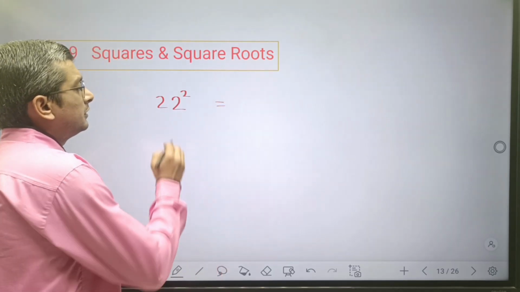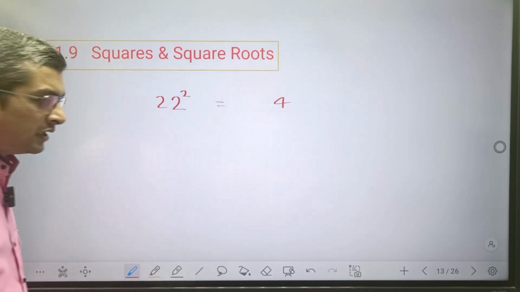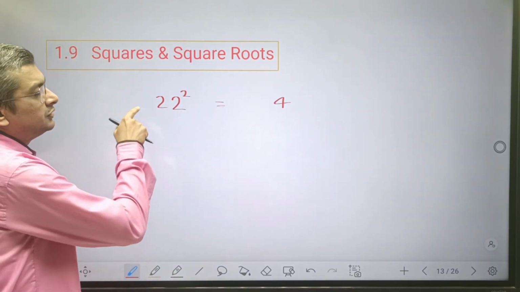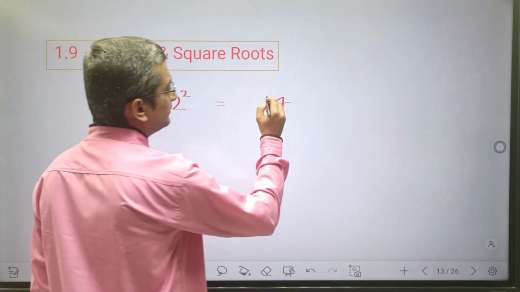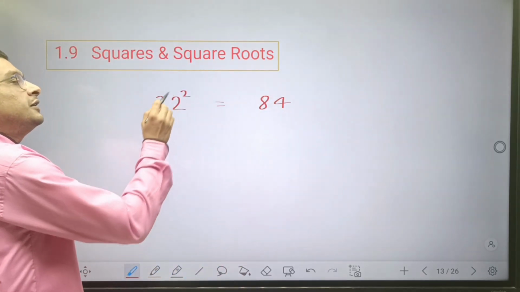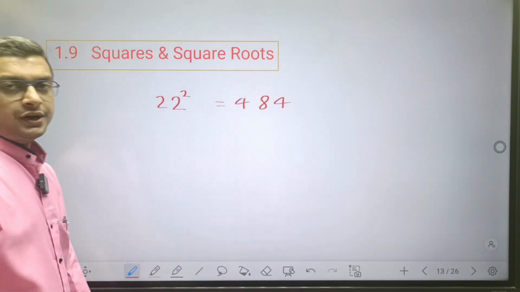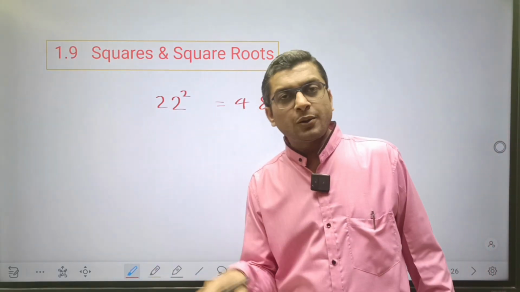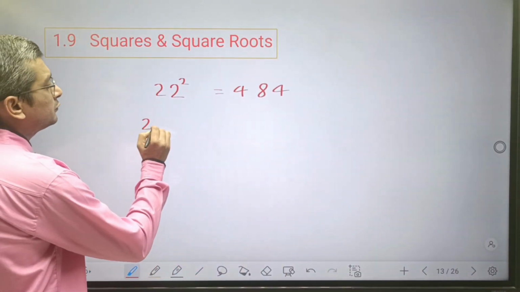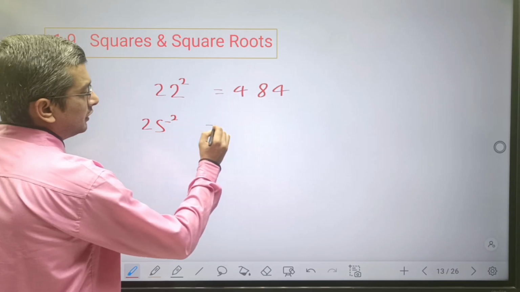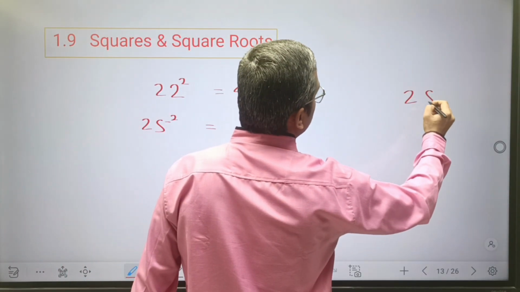What you need to do is take the square of the unit place, that is 4. Then multiply these numbers: 2 into 2 into 2. 2 twos are 4, 4 twos are 8. And then take the square of the tens digit, that is 2 square, 4. So the answer is 484. You can learn this method by observing the various examples I am giving here. For example, suppose you need to find 25 square. 5 square is 25.